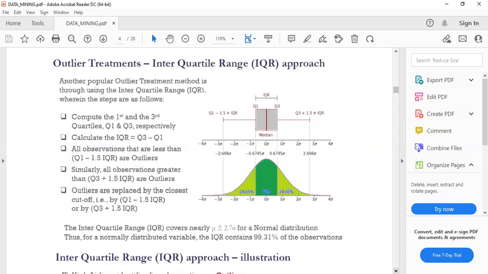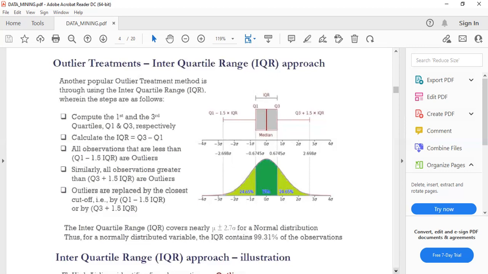Another popular outlier treatment method is using the IQR. Compute the first and third quartiles respectively. Calculate IQR as Q3 minus Q1. All the observations that are less than Q1 minus 1.5 IQR are outliers, and similarly, all the observations greater than Q3 plus 1.5 IQR are outliers. So outliers are replaced by the closest cutoff, that is by Q1 minus 1.5 IQR or by Q3 plus 1.5 IQR.